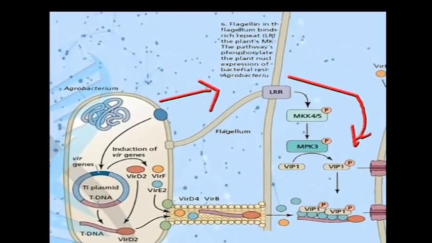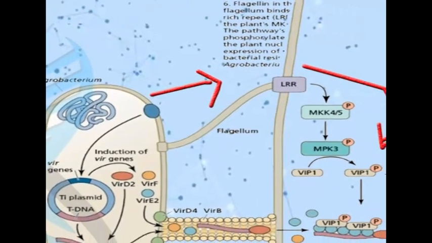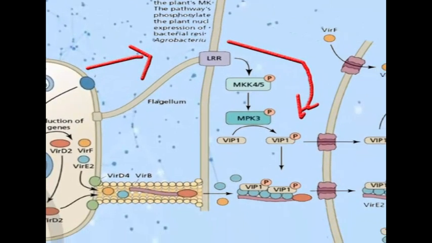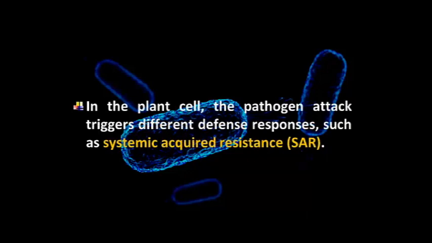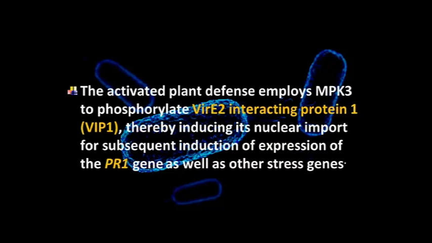Accidentally, in some cases, flagellin in the bacteria's flagella comes into contact with the plant's LRR receptor, that is leucine-rich repeat receptor. The plant triggers different defense responses such as systemic acquired resistance. The plant triggers the MAPKK4 or 5, the mitogen-activated protein kinase kinase 4 or 5 pathway. It leads to the phosphorylation of MPK3, mitogen-activated protein kinase 3.